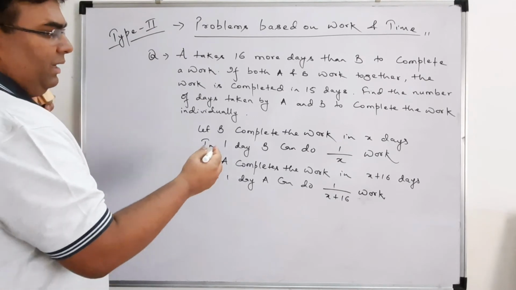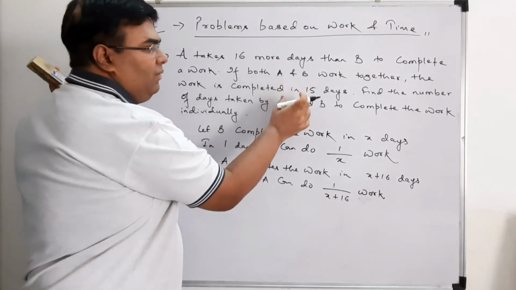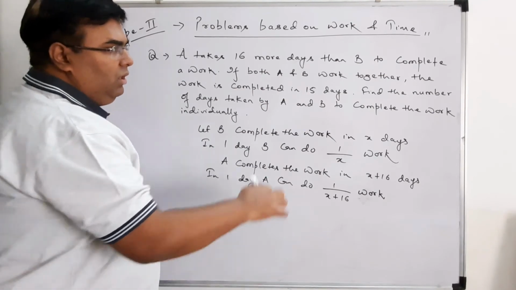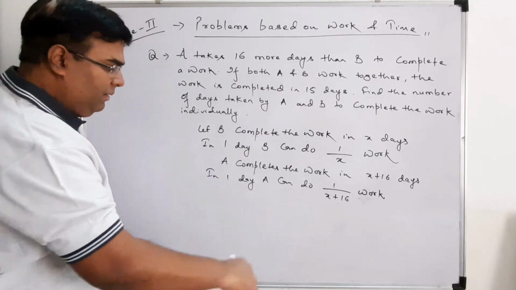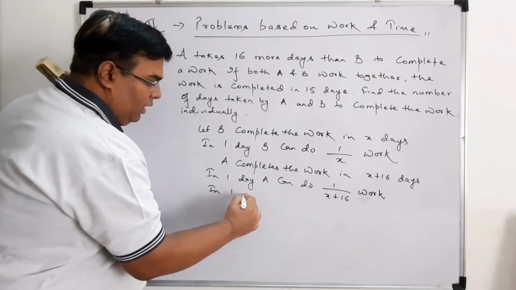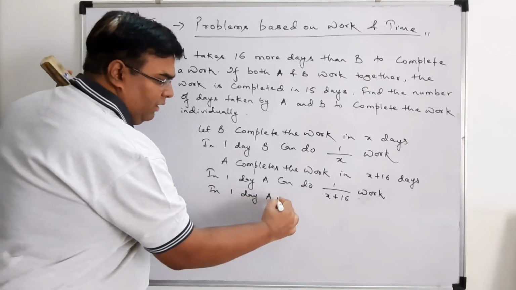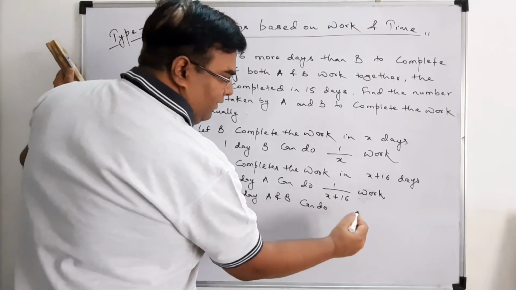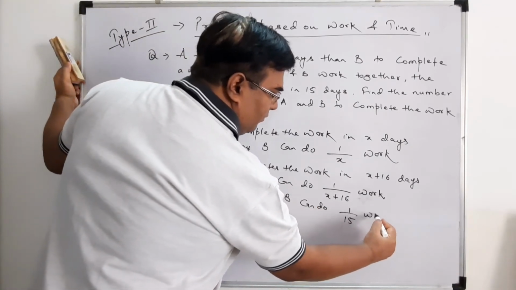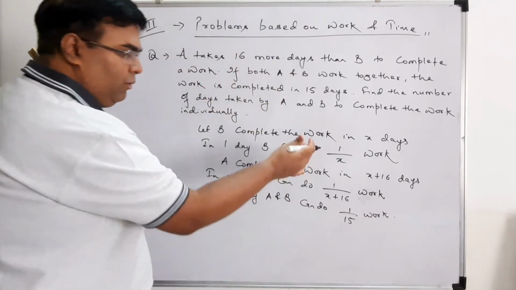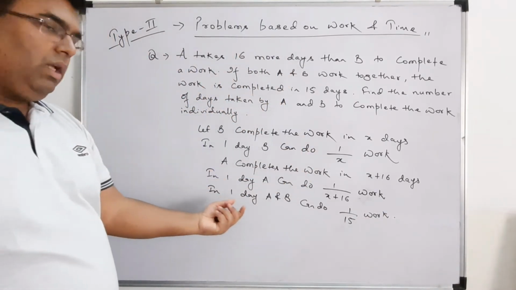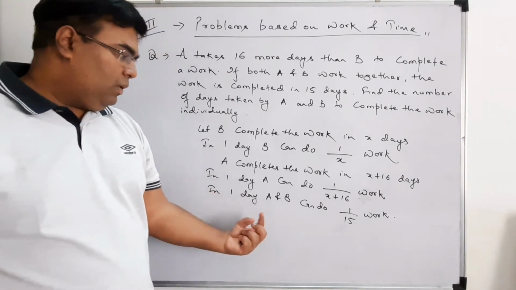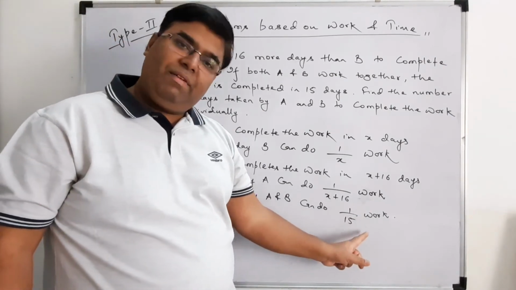Now A and B both can work and complete the work in 15 days. So one day work of A and B: in one day A and B can do, it is given, 1 upon 15. Same logic, since both together can complete the work in 15 days, in one day both can do 1 by 15 of work.